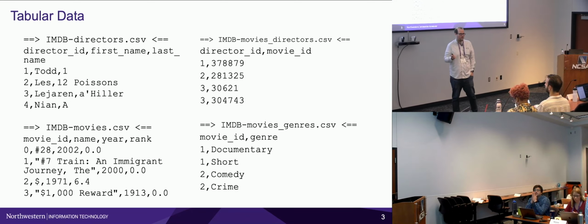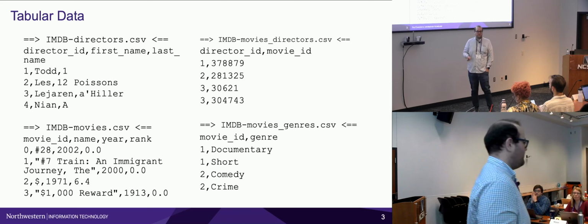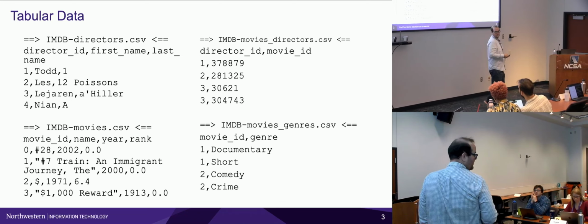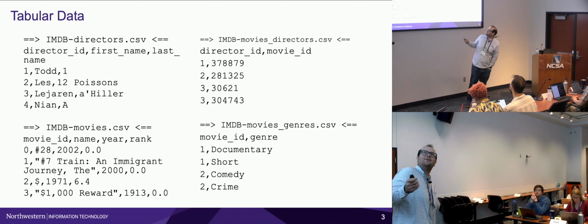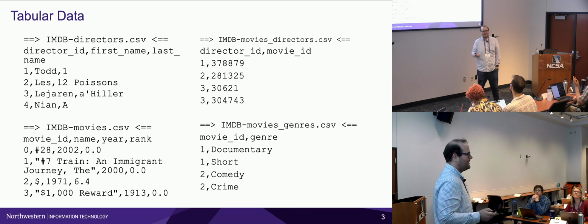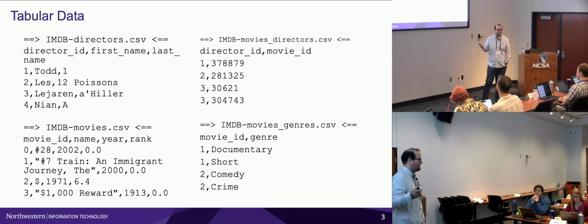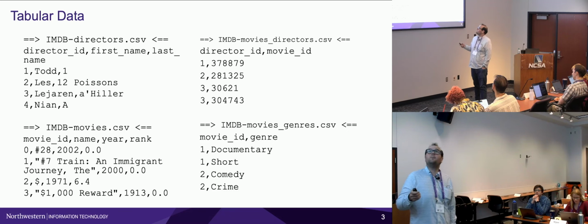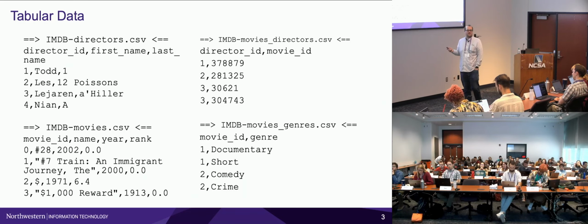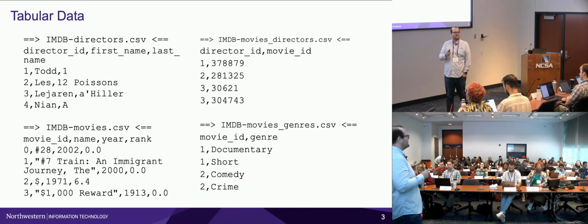What's the most important thing that you see from here? The movie title. The movie title is important. So there's the column names, the headers, that's important. That's the IDs, yes, the IDs and the repetition.